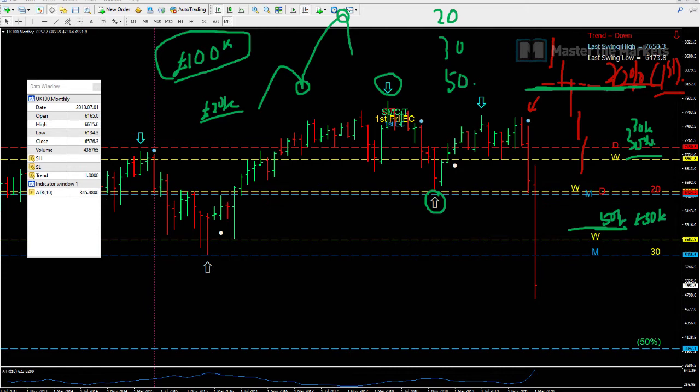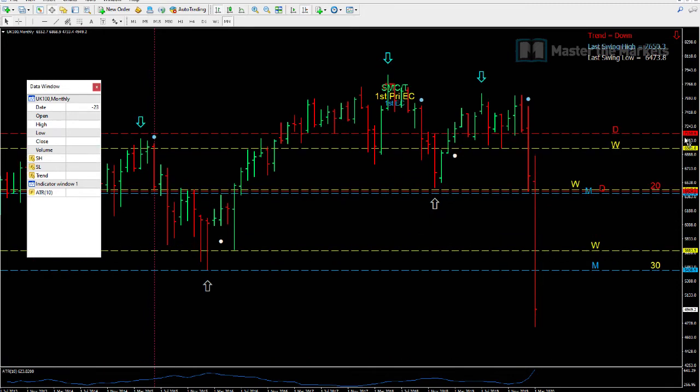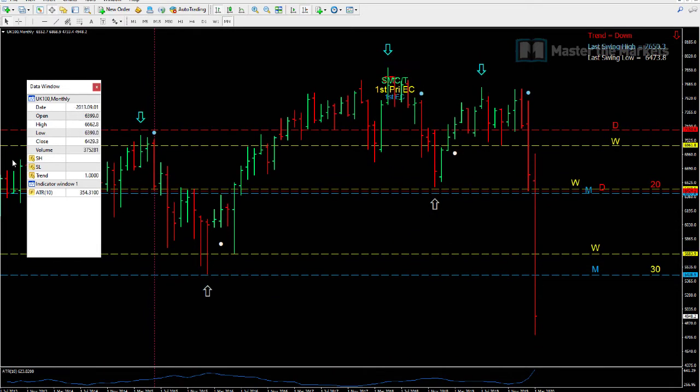The next question that may be popping into your head is, okay, that's all good to know about a 20, 30, 50, but where do I put those levels and how do I analyze that? As I mentioned in the beginning of the video, you need your swing low and swing high levels, the point where it's going to start breaking its support levels. For example, on the way up, it starts to create turning points, and the turning points are what we call the swing low or the swing high levels.